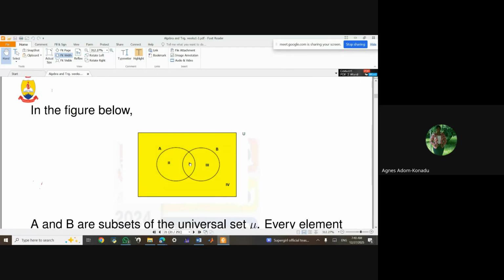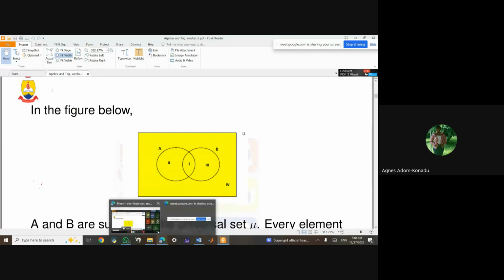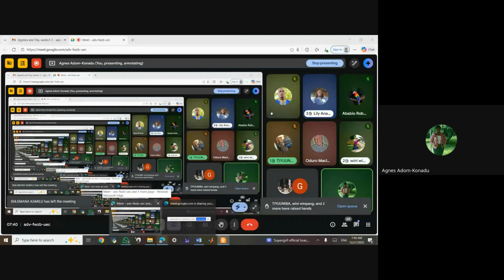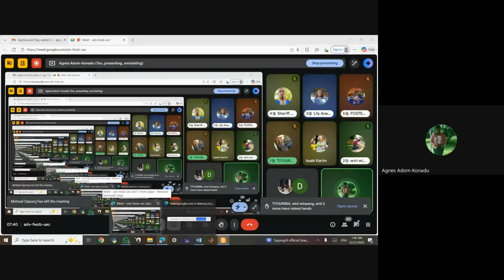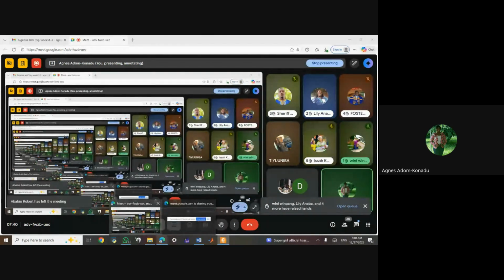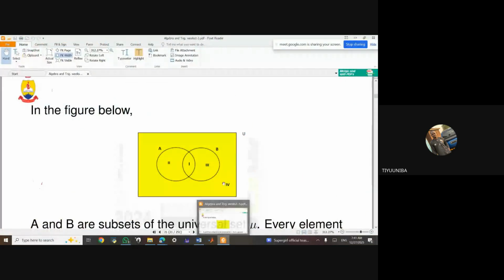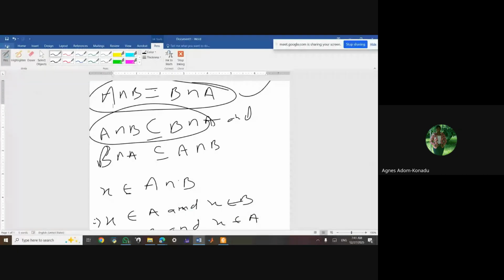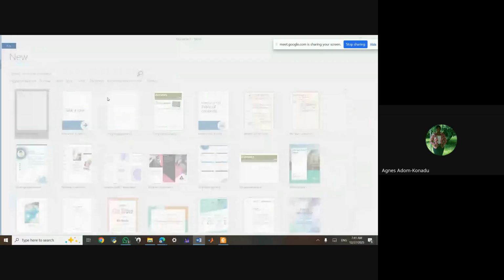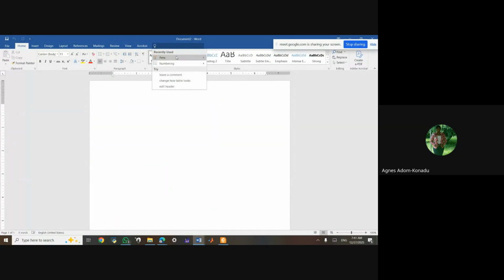I told you that what we're going to do here is the same as what you know. So what is I? I is A intersection B. So let's write it down. You are saying that I is A intersection B. Then after that, we will look at what I also have.